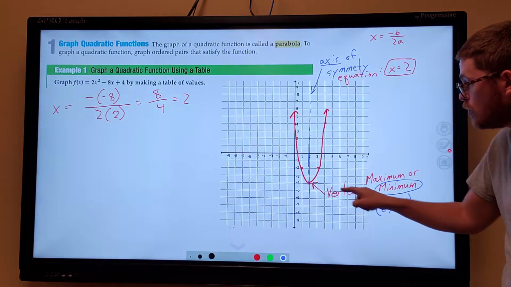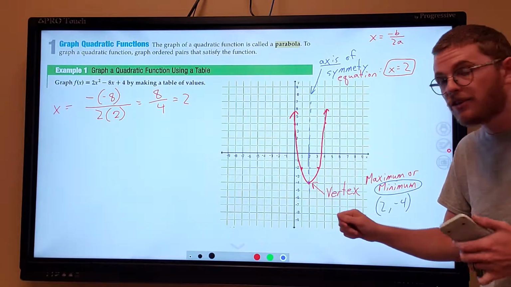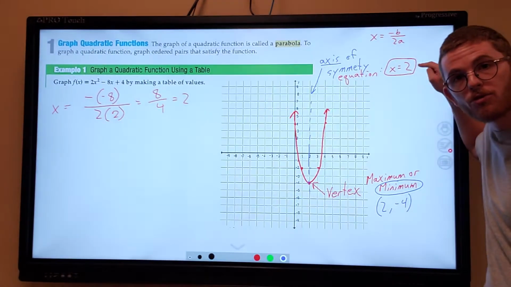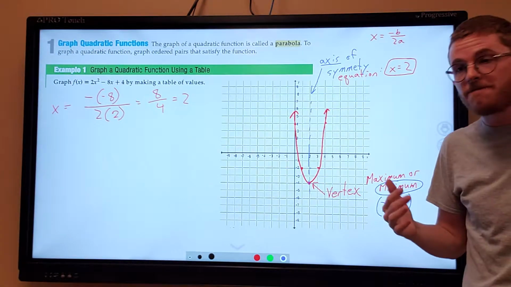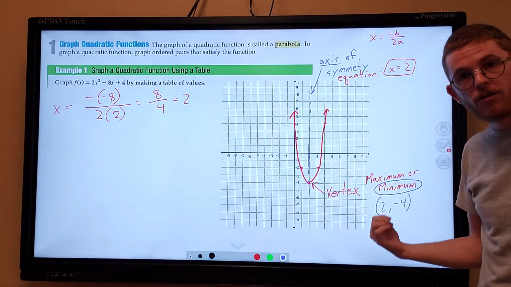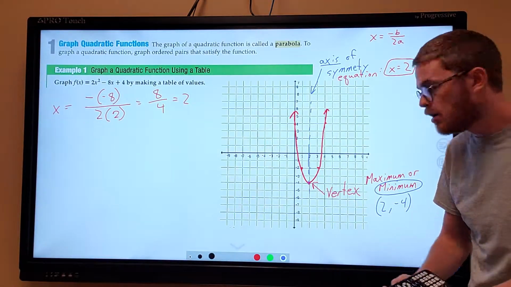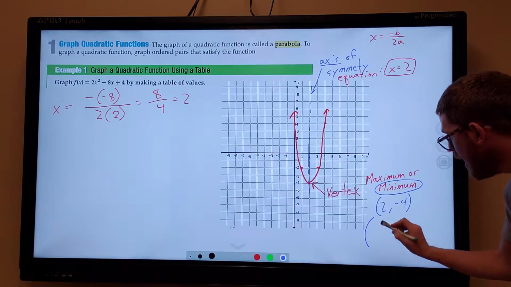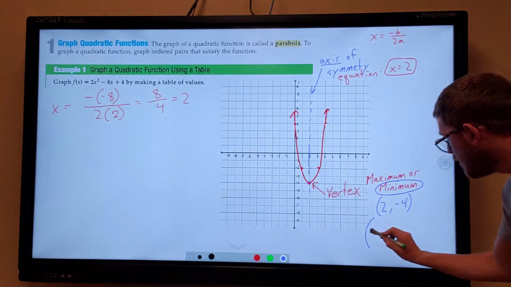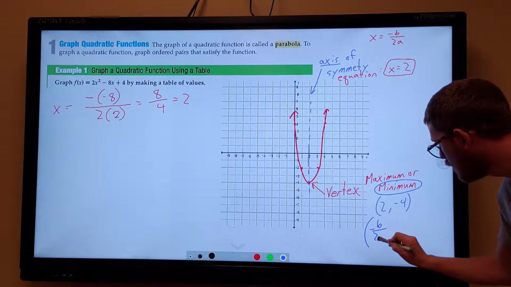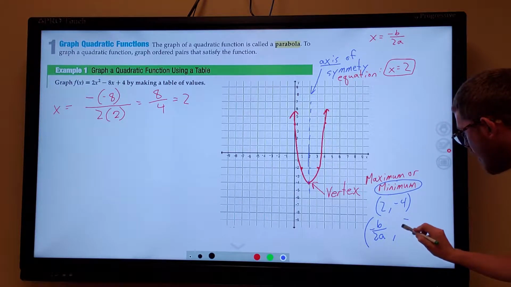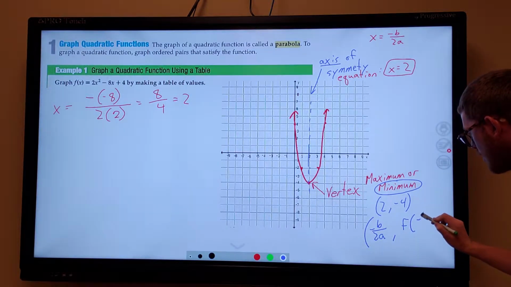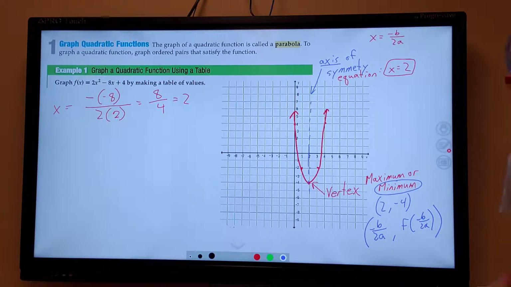Notice the 2 is the x value. The x value comes from the axis of symmetry. So if we needed to find the vertex without graphing, we know the x value is going to be negative b over 2a. The y value is our function evaluated at negative b over 2a.